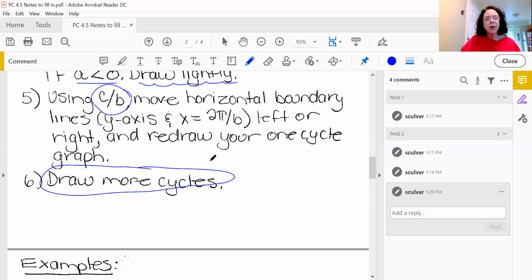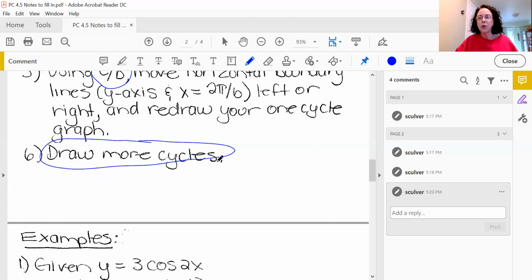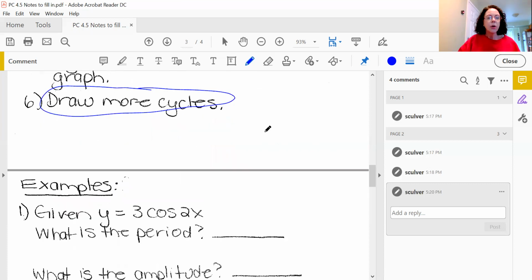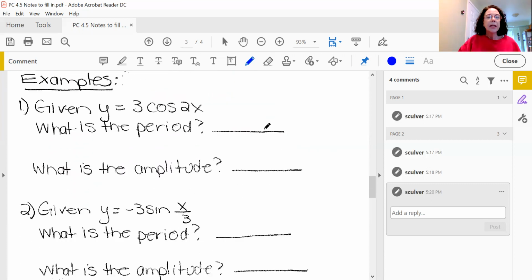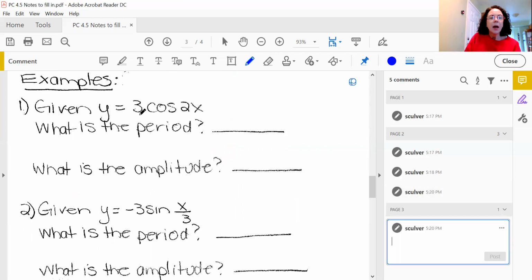But we do more in this section than just drawing. Let's take a look at the other things that we do. Here's an example. Given that y equals 3 times cosine of 2x, they are asking what the period is. The way I find the period is by using my B value.